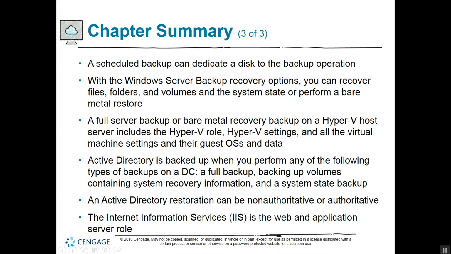We can back up the entire system, or we could just be down to Hyper-V settings or virtual machines. We can back up Active Directory. Now it usually happens whenever we do a domain controller backup, full backup, or backing up volumes that do contain system recovery information and system state backup.